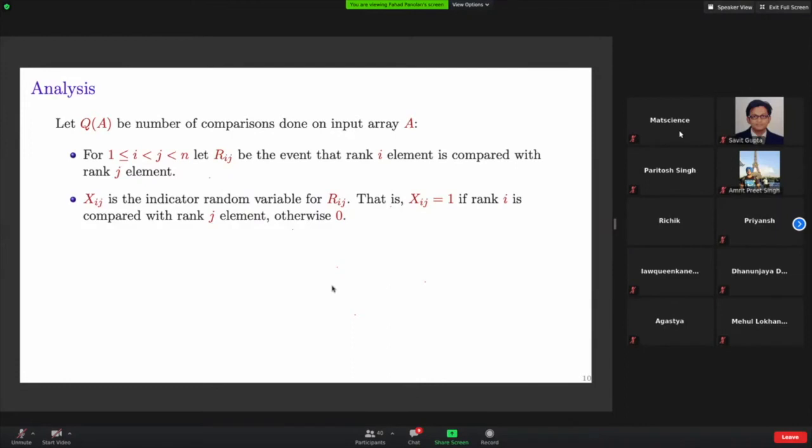Xij will be equal to 1 if the event Rij happens, and 0 otherwise. That's why it is called an indicator random variable. It indicates the event Rij. So Xij equals 1 if rank i element is compared with rank j element, otherwise it is 0.